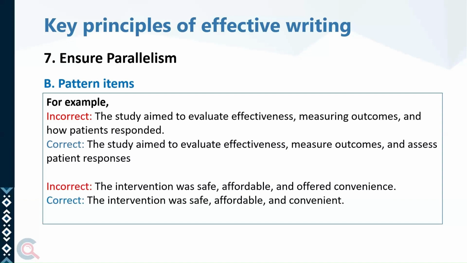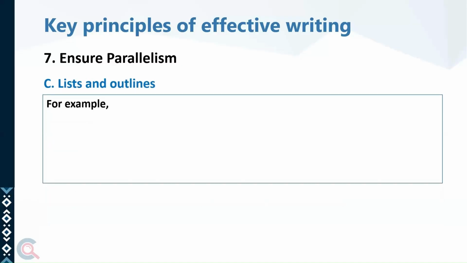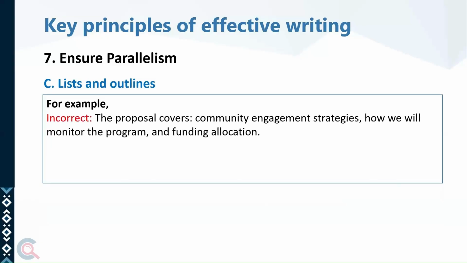Another example is "The intervention was safe, affordable, and offered convenience." This is not parallel. It's an incorrect statement. The right way to put it is "The intervention was safe, affordable, and convenient." When writing lists and outlining things, parallelism should also be ensured.